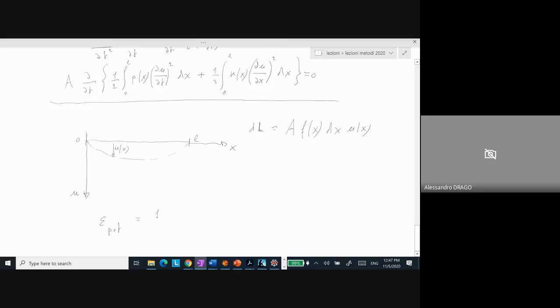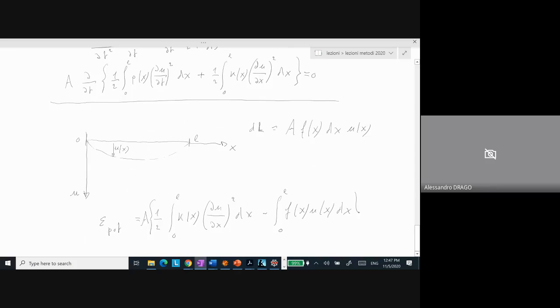It is made of 1/2 integral from 0 to L of k of x (du over dx) squared dx, which is the term that we discussed before, minus the integral from 0 to L of f of x u of x dx.